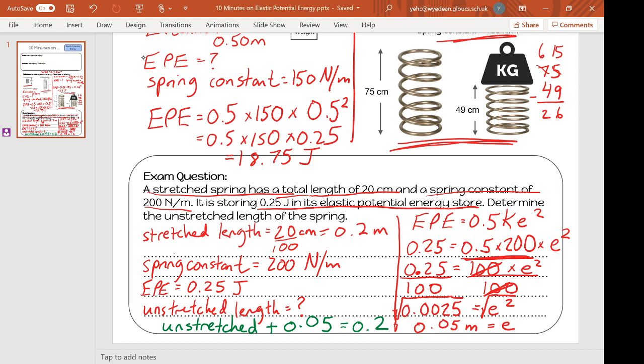So this is what I meant by we can easily then work backwards to figure out what my unstretched length is. So, can anyone tell me what would be my original length if I know that it's stretched by 0.05 and it's stretched to become 0.2? What was the original unstretched length?